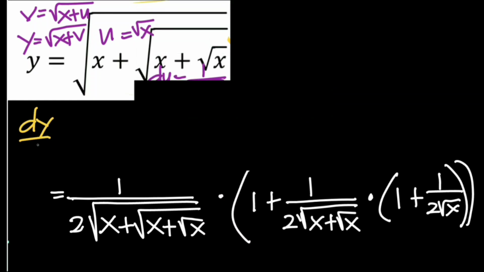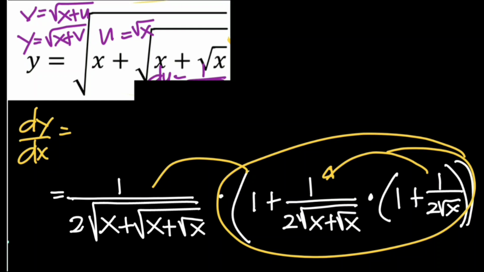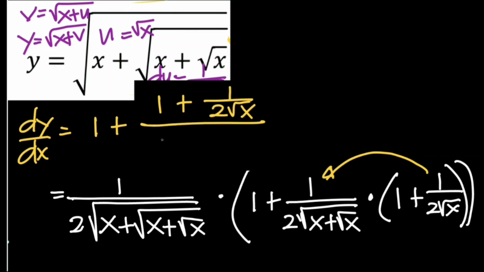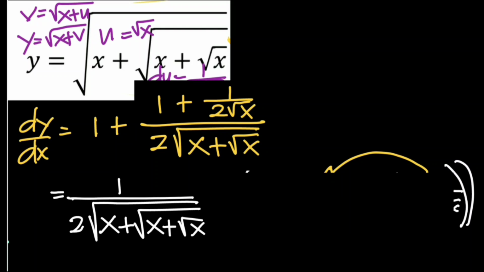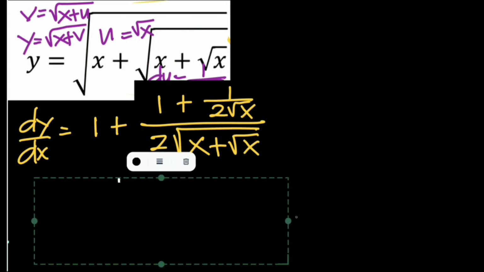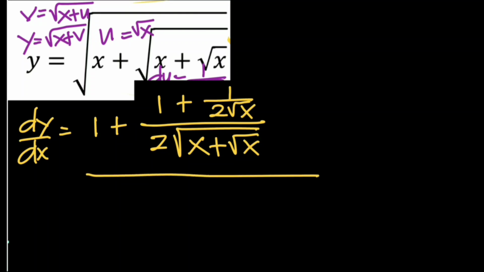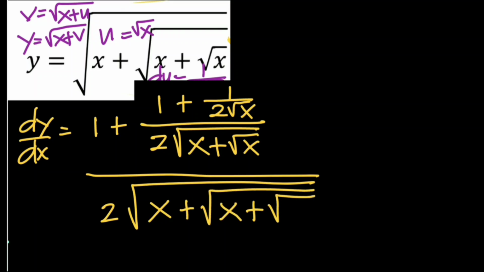So dy over dx is just equal to, we distribute that here, and then we multiply the entire thing to 1, so this would become 1 plus 1 over 2 square root of x over 2 square root of x plus square root of x, all over 2 square root of x plus square root of x plus square root of x.